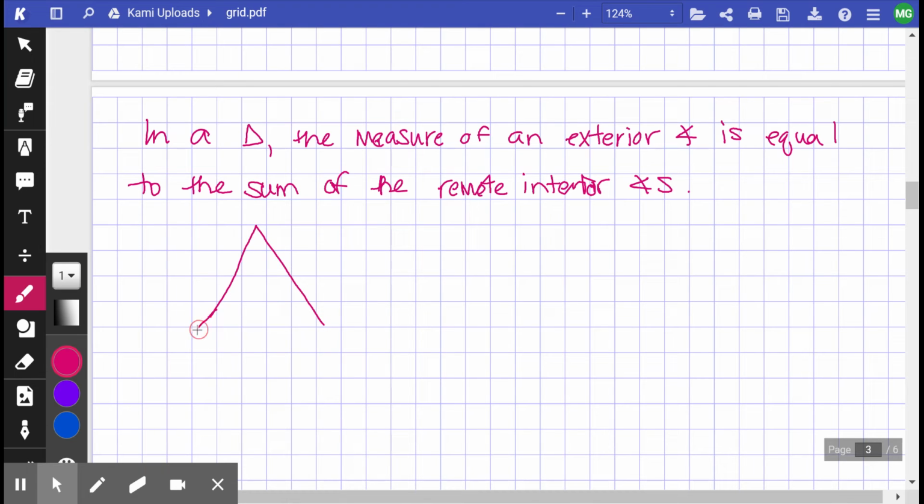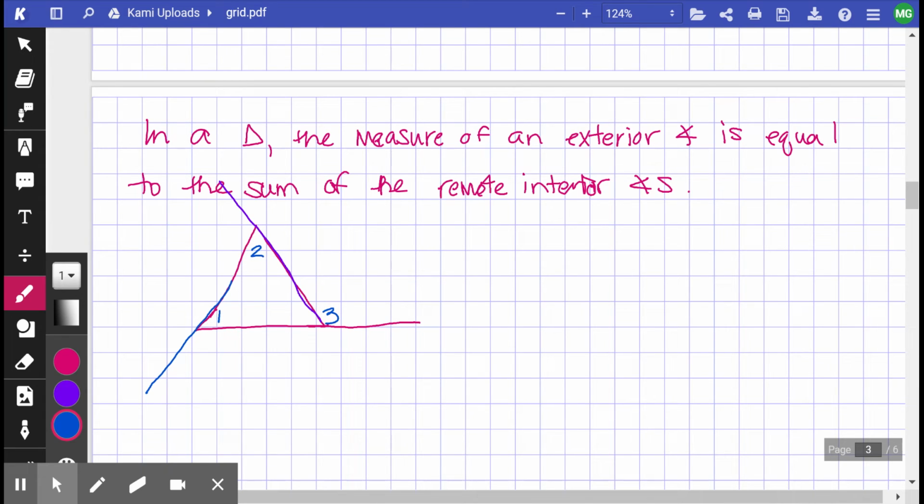So here's a triangle. If I want to find an exterior angle, I'm just going to extend one side. So keep going in one direction. You could have an exterior angle at either side. But if you're looking at your exterior angles, you always have to go in the same direction. So if I want to extend more than that one, I would go off here and then here. So if we're looking at this exterior angle right here, let's call that 3. That's going to equal the sum of your remote interior angles.